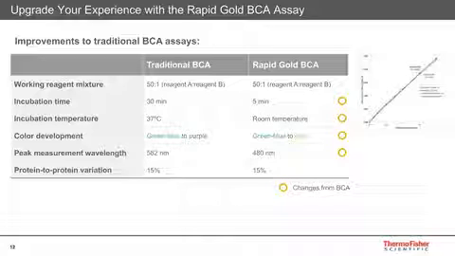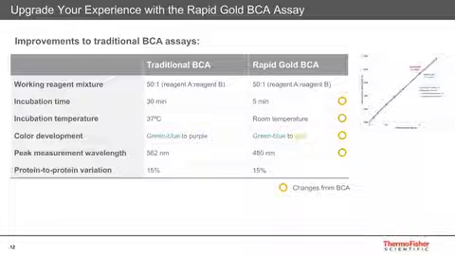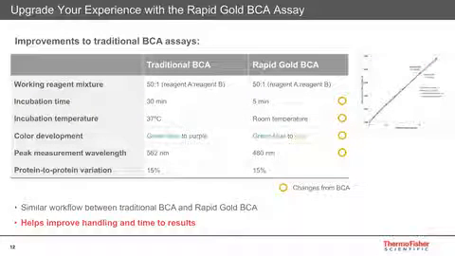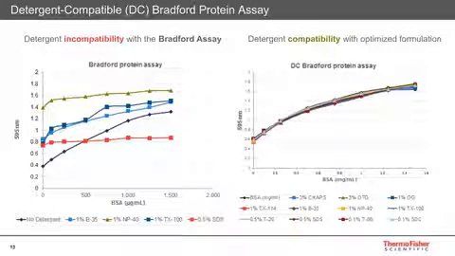The color is different. Instead of green to purple, which we are used to seeing in traditional BCA, we have green to gold color with this new assay. As a result, the absorbance maximum, where you read the plate, changes from 562 nanometers for the BCA to 480 nanometers with this new assay.